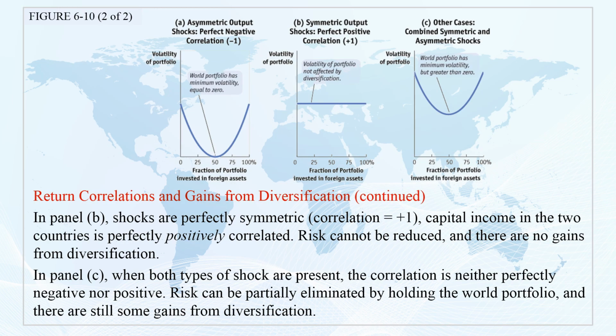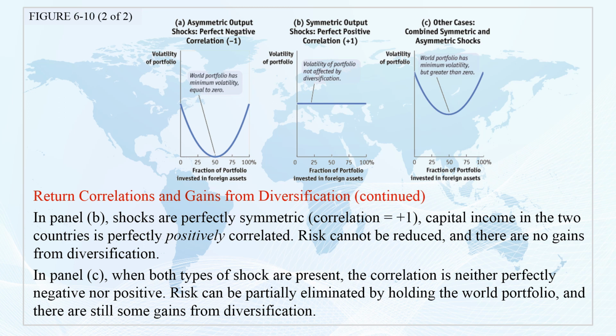In panel B, shocks are perfectly symmetric. Correlation equals +1. Capital income in the two countries is perfectly positively correlated. Risk cannot be reduced, and there are no gains from diversification.